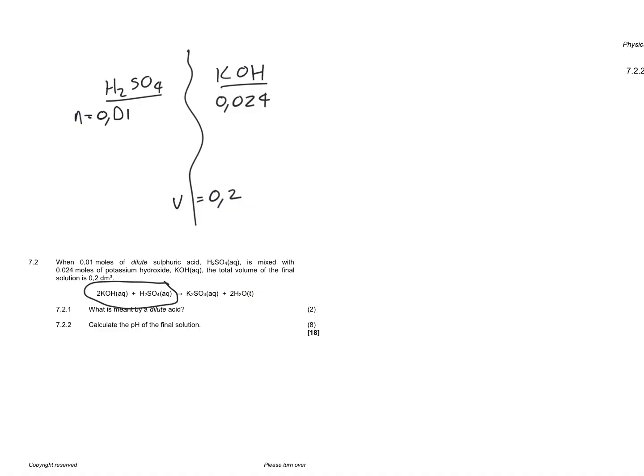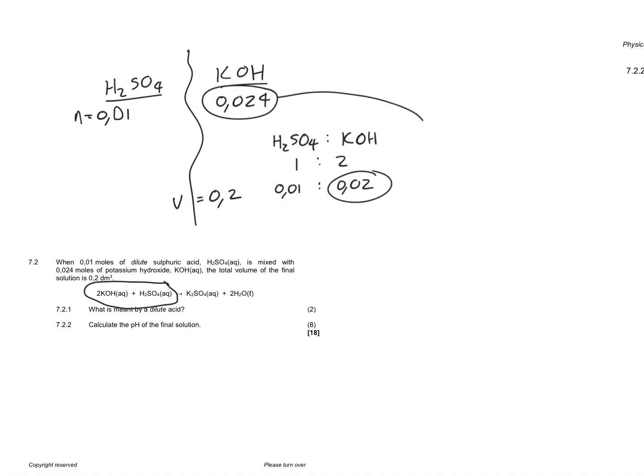So the ratio of H2SO4 to KOH is 1:2, which means that 0.01 of the acid is going to react with 0.02 of the base, which means that the acid is the limiting reagent. I have more than enough base.